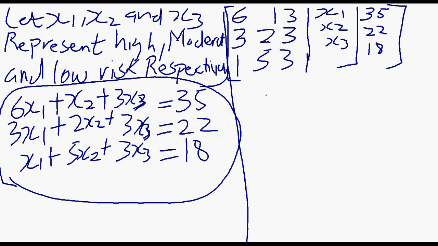So why don't we do it in a tabular form? Then we will not be confused. We'll draw a table for the decision variables, which is the high, moderate, low. Then beside it, we'll have the products, which is product A, product B, product C, all having their columns.